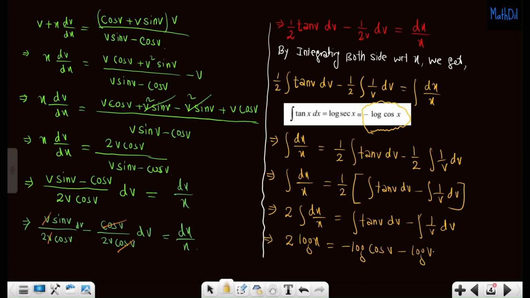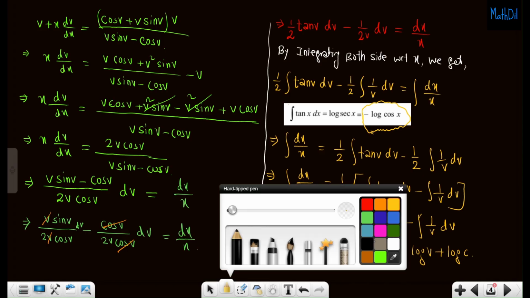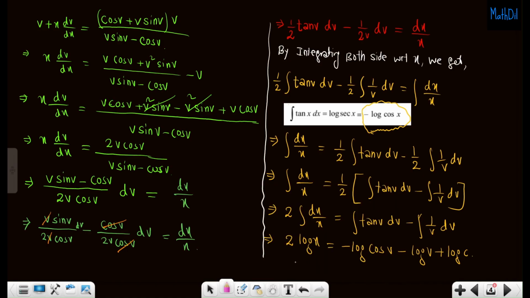It is log v plus integrating constant log c, where log c is the arbitrary integrating constant. So students, now we have to do just the simple simplifications.